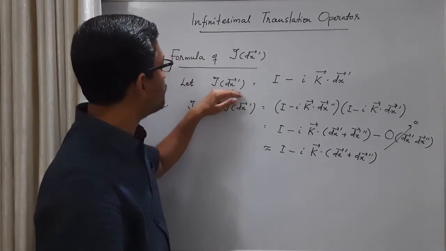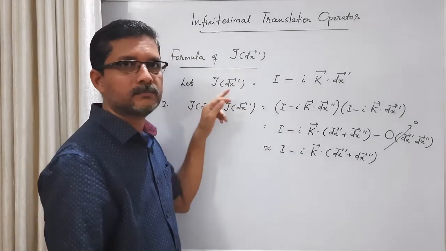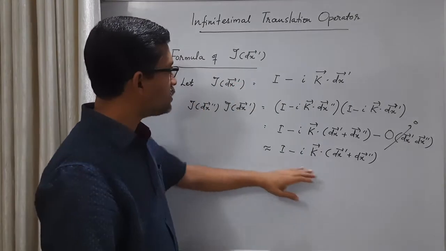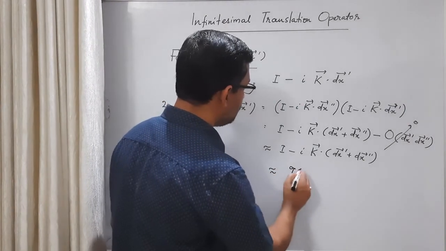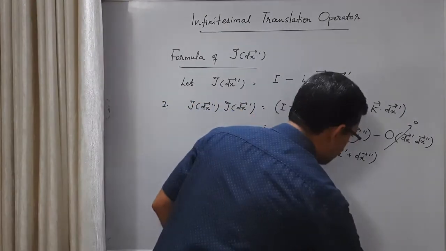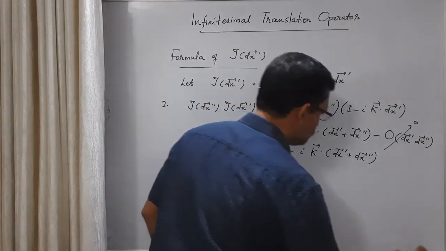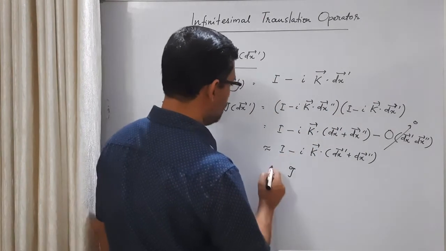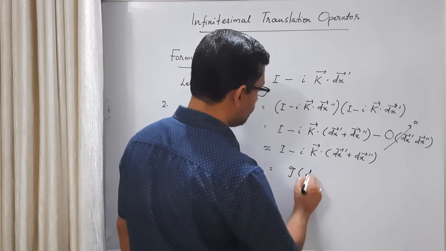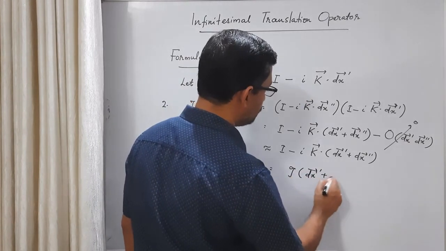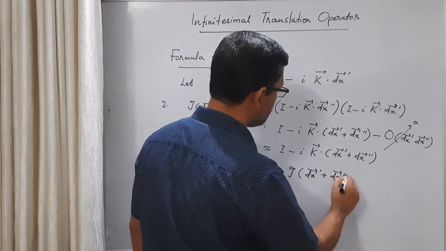But look at the definition of the infinitesimal translation operator. This term is equal to the infinitesimal operator corresponding to the displacement dx prime plus dx double prime.